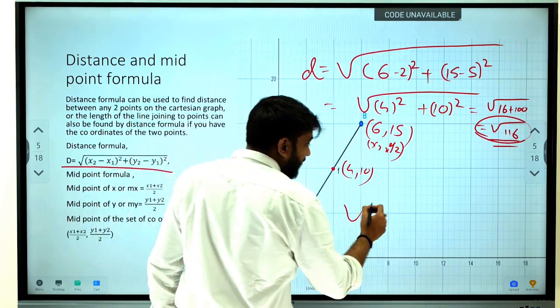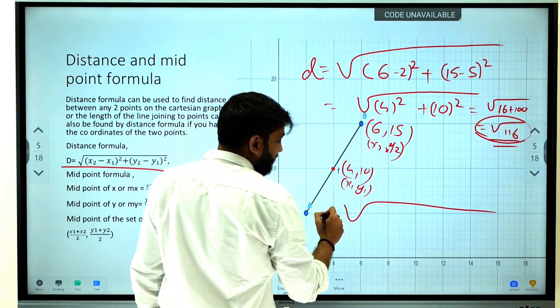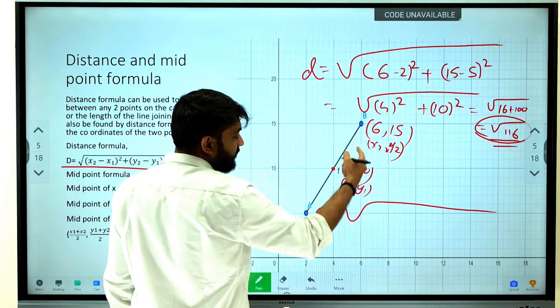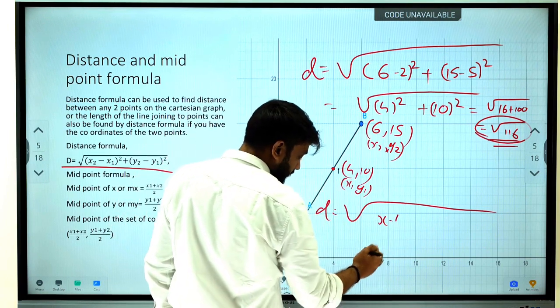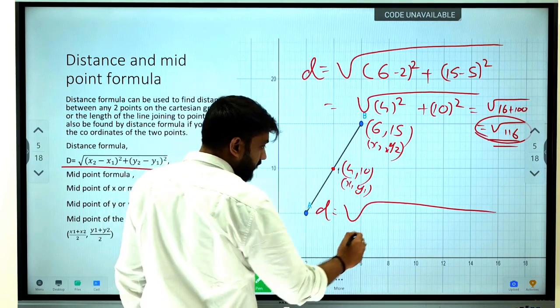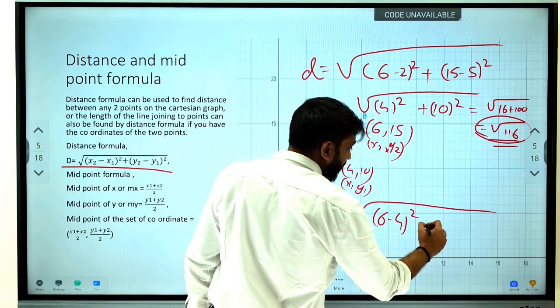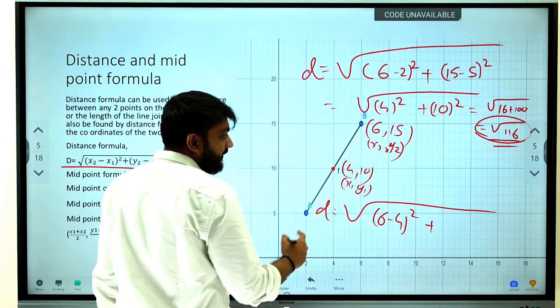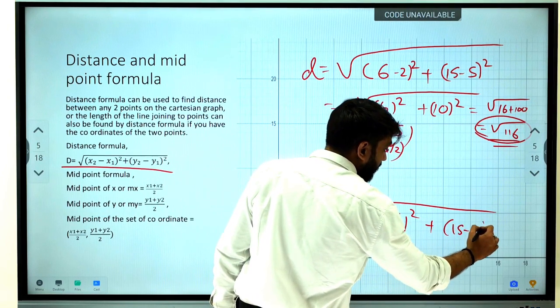Once again, plugging it into the distance formula, if I call this my x1, y1, it will simply mean that x2, 6 minus x1, which is 4, and y2, which is 15 minus y1, which is 10.